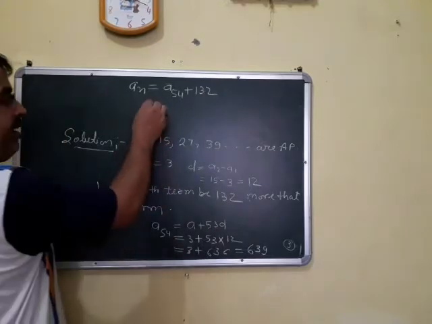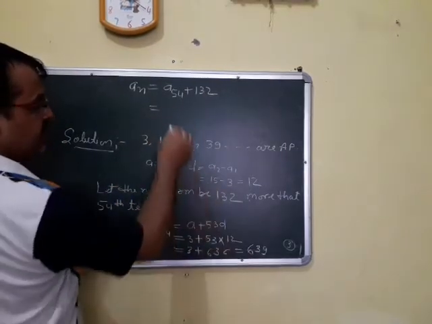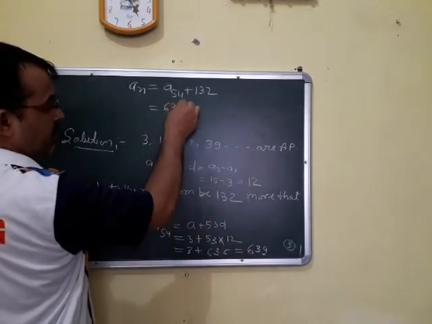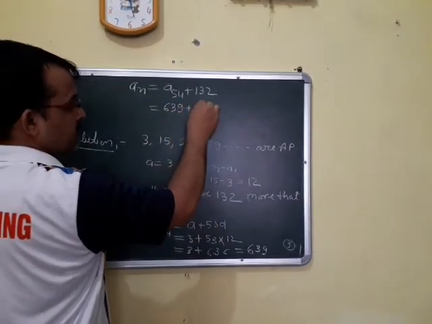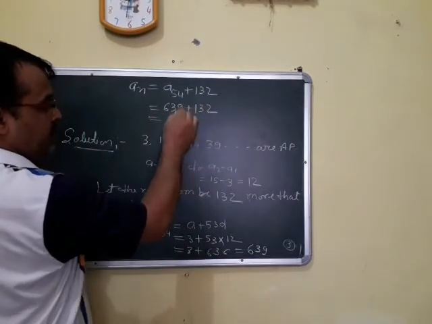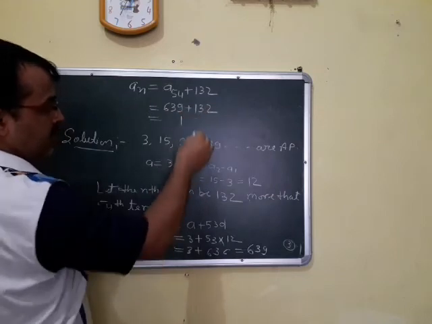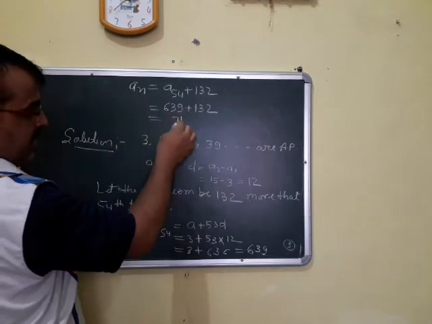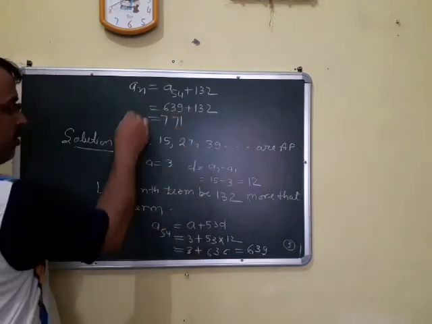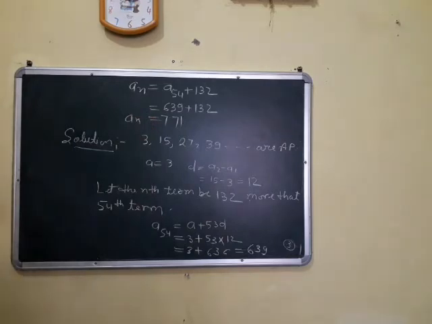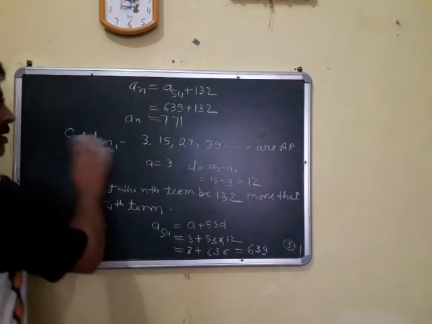So the last term we find here, a32, we get here a54, 639 plus 102. So what we get here: 9 plus 2 is 11, 3 3 is 6, 1, 7, 1 plus 6 is 7. So an is 771. Now next.